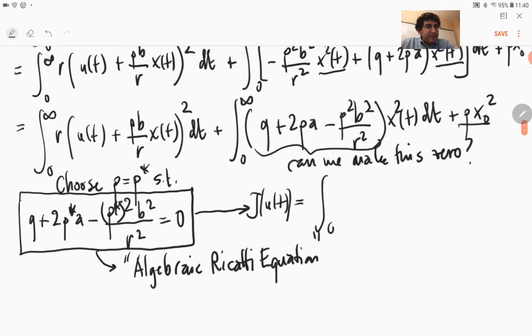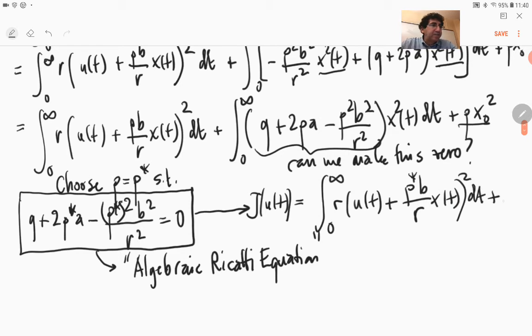So this is going to become r times u of t plus p star b over r x of t, squared, dt, plus p star x0 square.